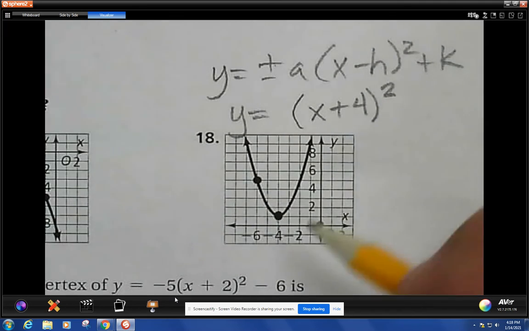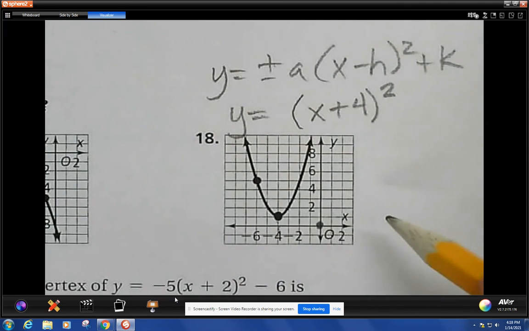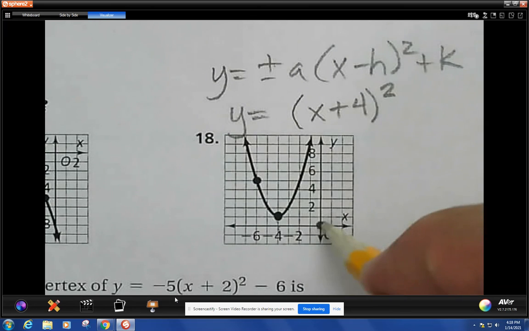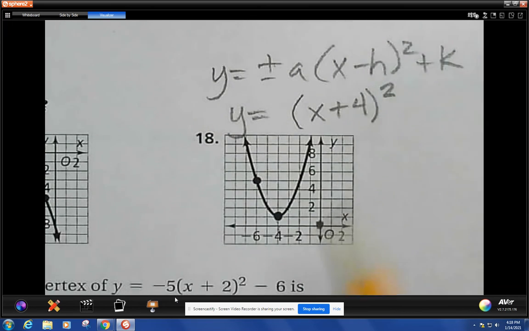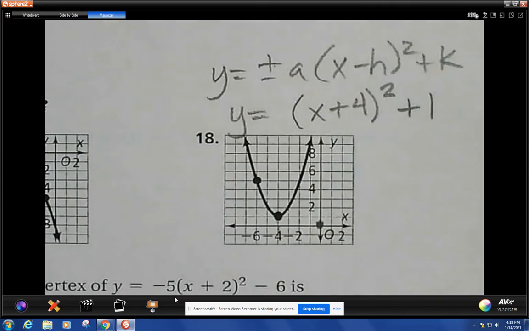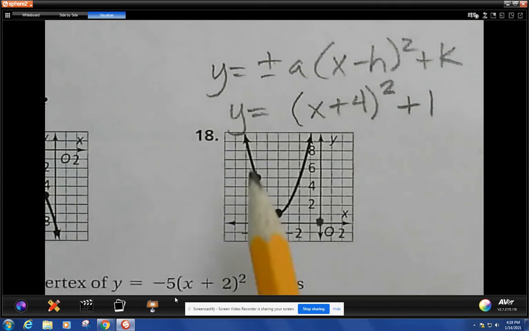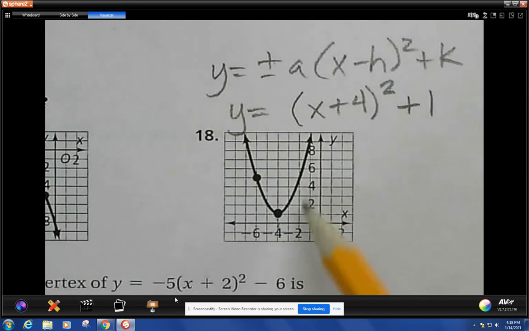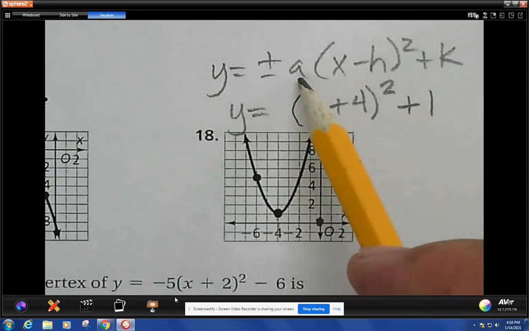Now, last but certainly not least, did this graph have a vertical change? Well, again, normally our vertex is right here, but you notice our vertex is actually up 1 unit. And you'll also remember that the vertical change is literal. So if it's up 1 unit, then it would be +1, okay? And so the other thing we have to figure out is whether we actually had a stretch or a compress.